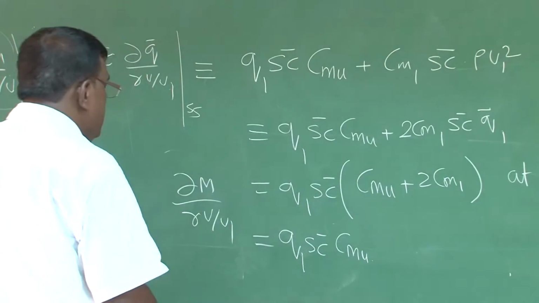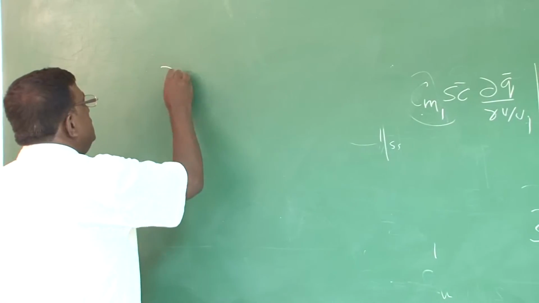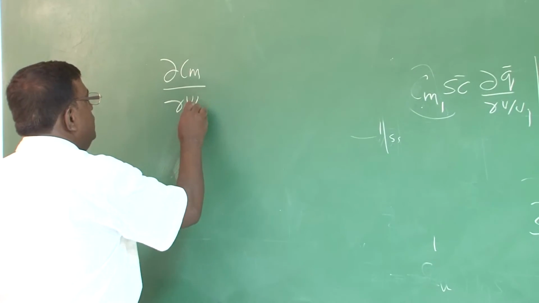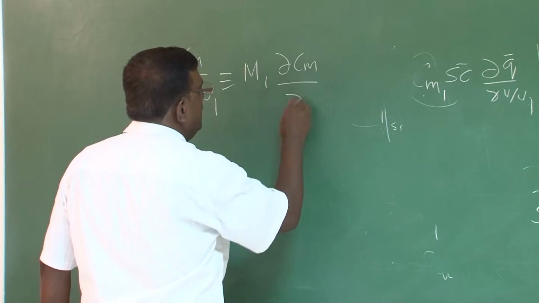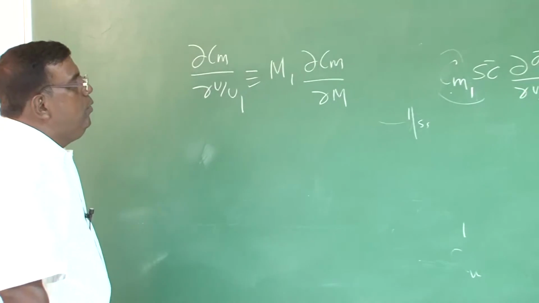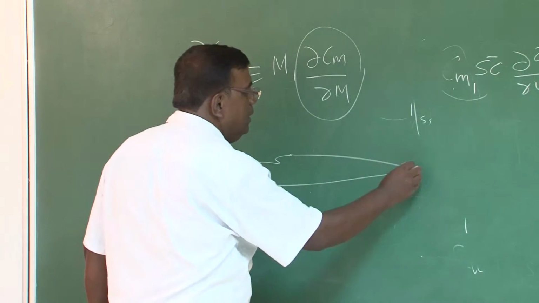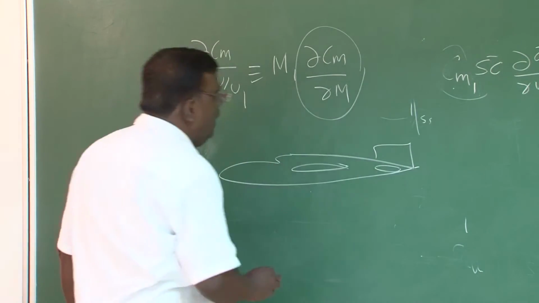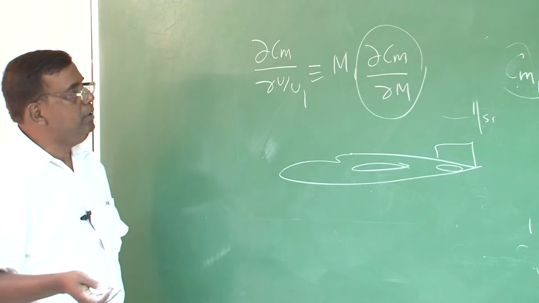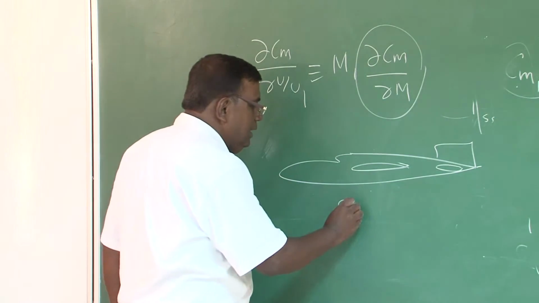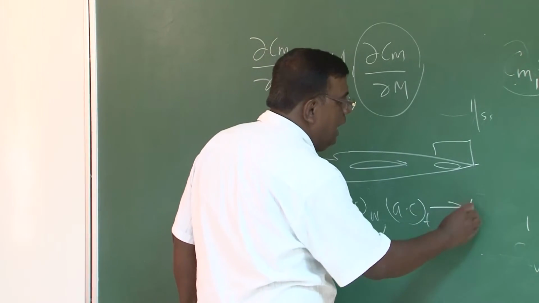Okay? And here it is important to know what is Cmu, and let us understand that. dCm by d(u/u1), again I can write it as M1 into dCm by dM. Now focus here. Think of the airplane accelerating towards high speed or supersonic Mach number. What happens? The aerodynamic center of the wing and the aerodynamic center of the tail move aft.